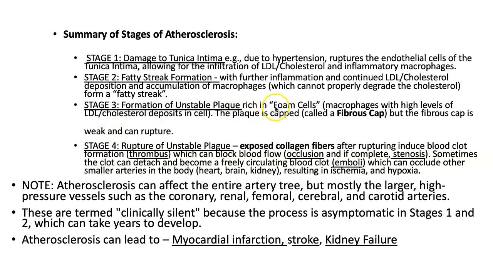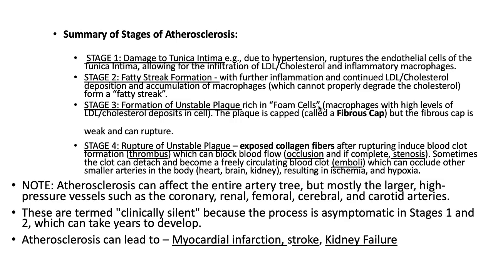The unstable plaque: if a pathologist saw foam cells, these are merely phagocytic cells, like macrophages, that are so full of cholesterol and so overwhelmed that the cell appears totally white and the edges bleb out a little bit, so it reminded somebody of foam.